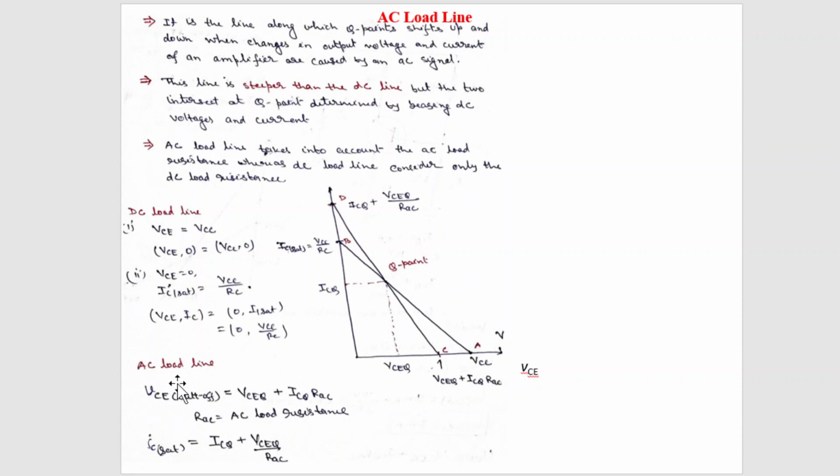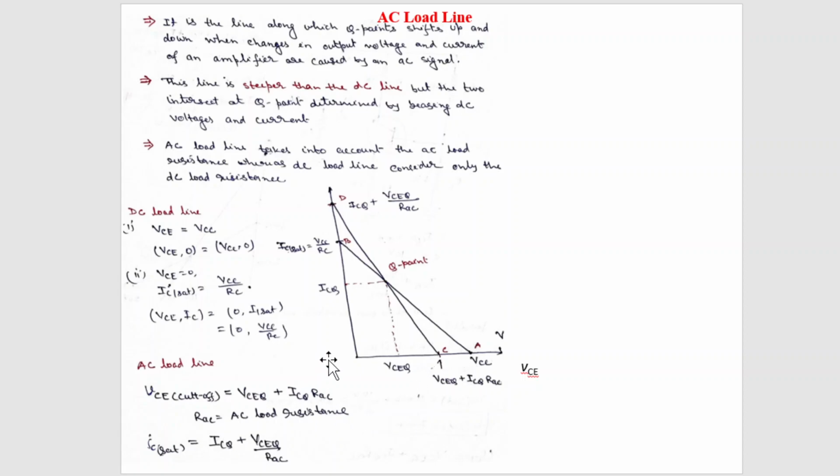So the cutoff point for the AC load line, small v capital CE cutoff, will be equal to the Q point for the DC signal, plus VCEQ plus ICQ into the AC load resistance, so VCEQ plus ICQ into RAC. That is one of the cutoff points for the AC load line, that is point C.